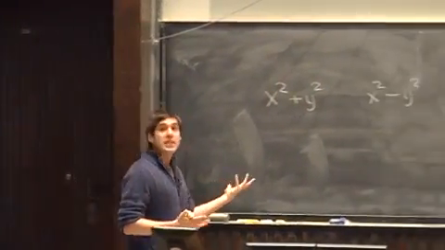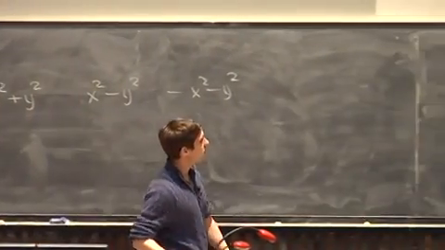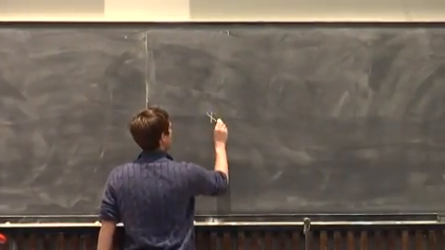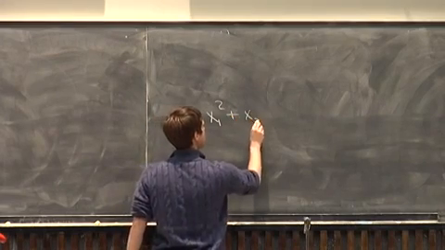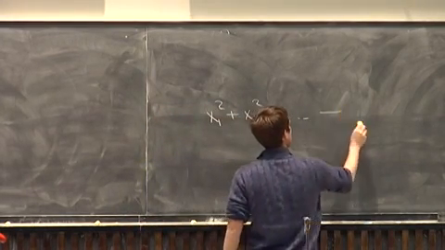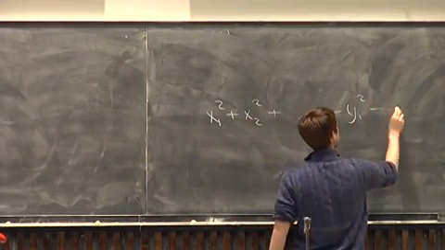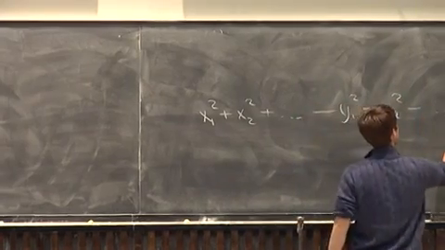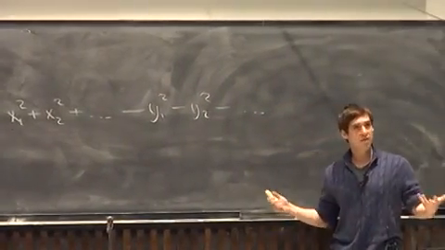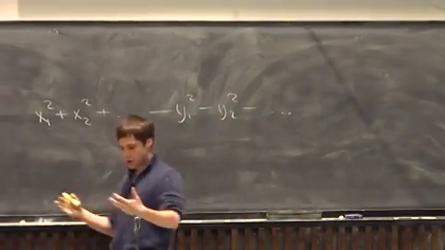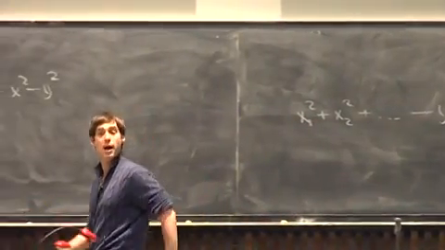So the classification of quadratic forms over the real numbers is fairly simple. You can always diagonalize them and put them in a standard form where they look like a sum of squares minus another sum of squares. And the only invariant that you have in this situation is how many plus signs appear and how many minus signs appear.